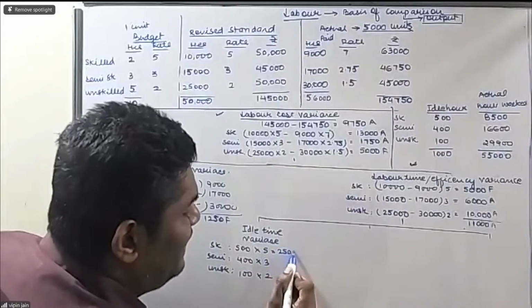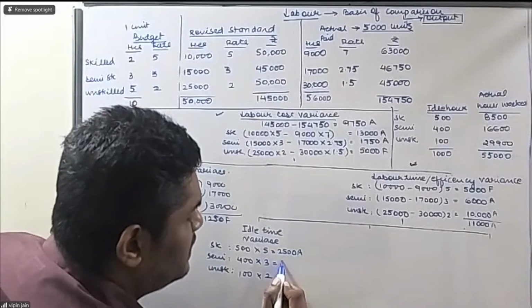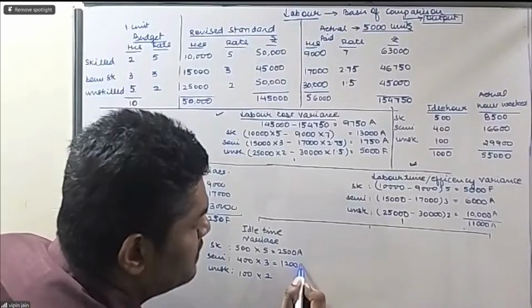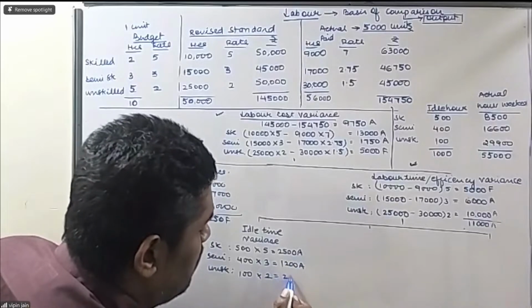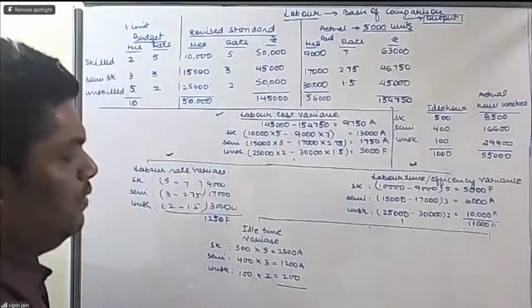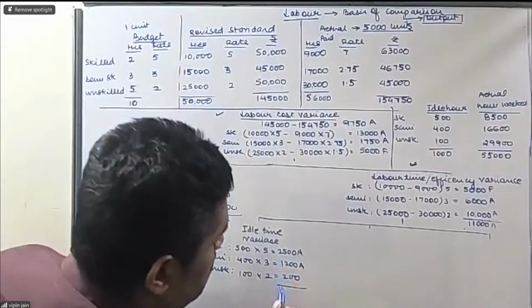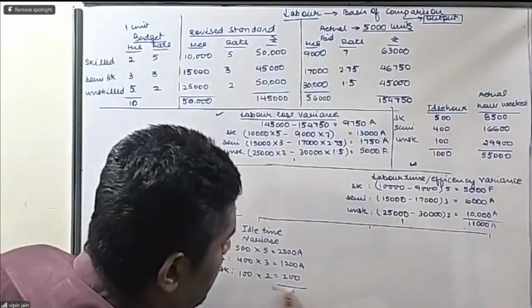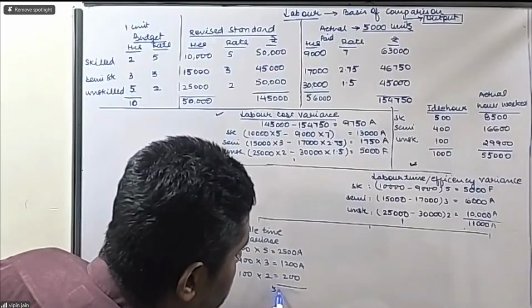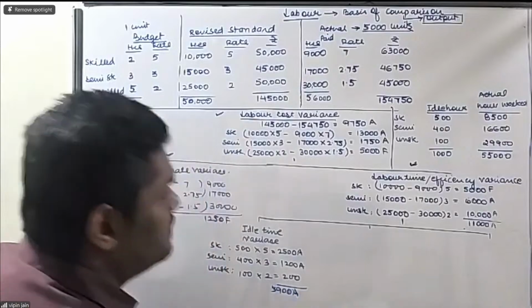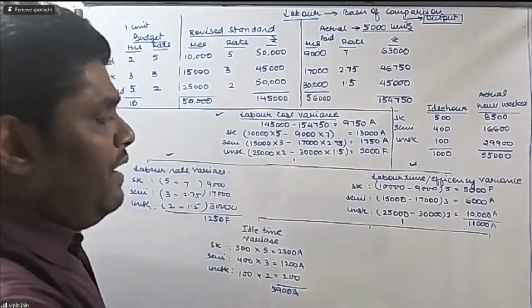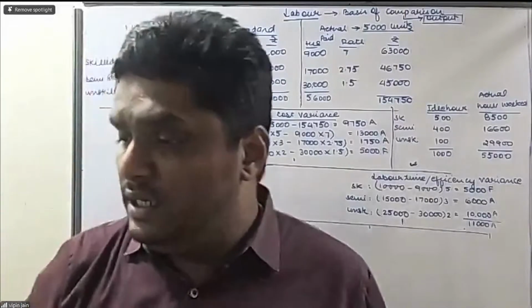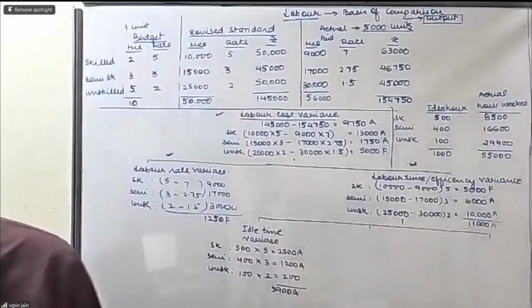So this will be 2,500 adverse. This will be 1,200 adverse. And this will be 3,900 adverse. Now, guys, if you have any doubts till now, please post your queries first.